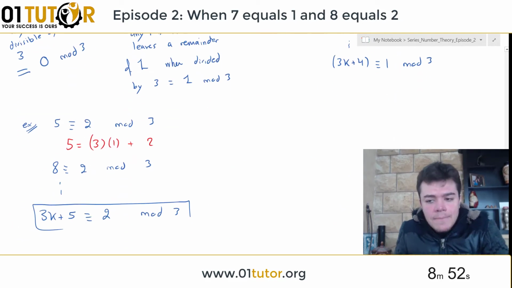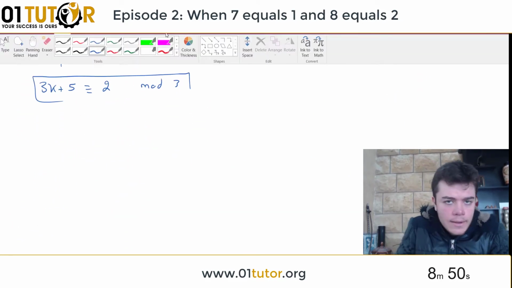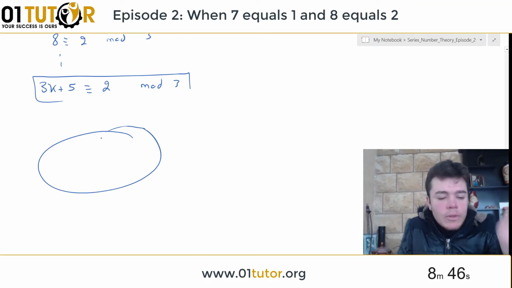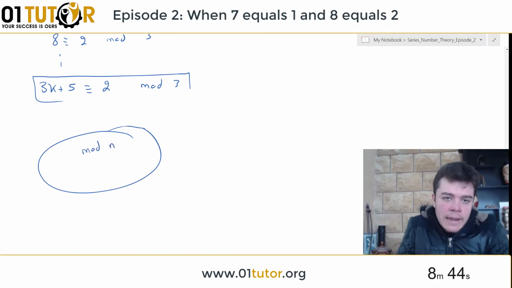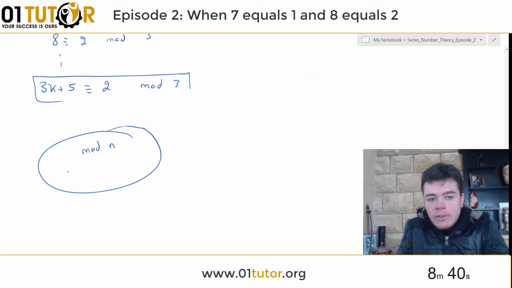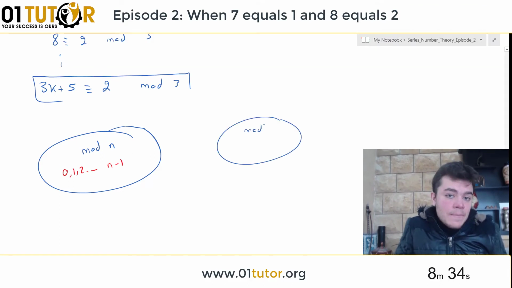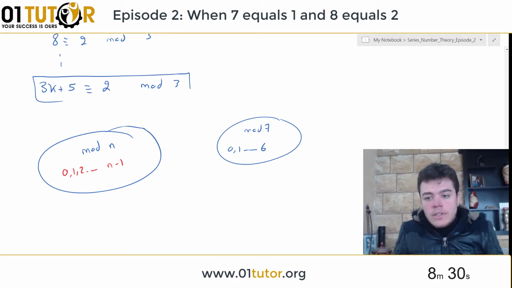In fact, in any modulo n, so suppose that we're dealing with modulo 7 or modulo 11, or in general mod n, where n is an integer, the only possible values in mod n are 0, 1, 2, up to n minus 1. For example, if you're dealing with mod 7, it's going to be 0 up to 6. The only possible numbers in mod 7 are 0 up to 6.